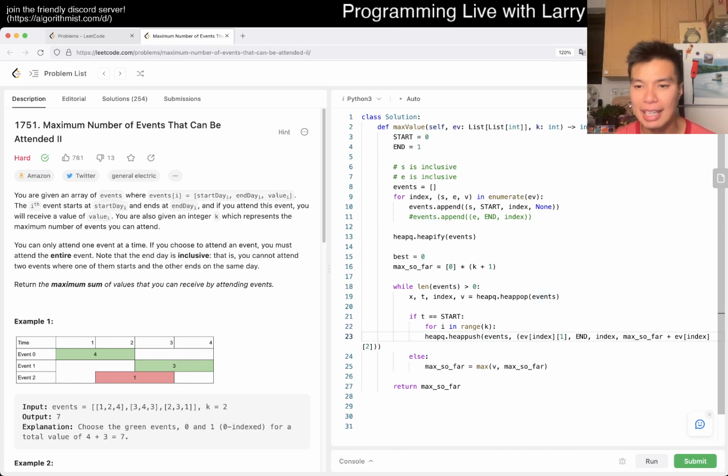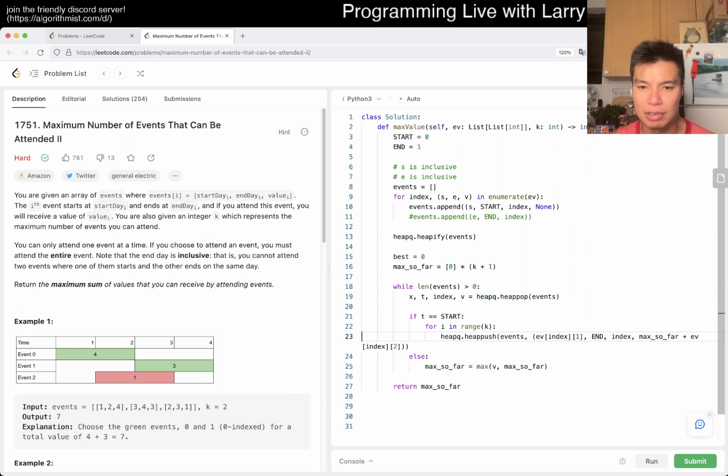But the idea here is just that I'm trying to think whether I could do it.